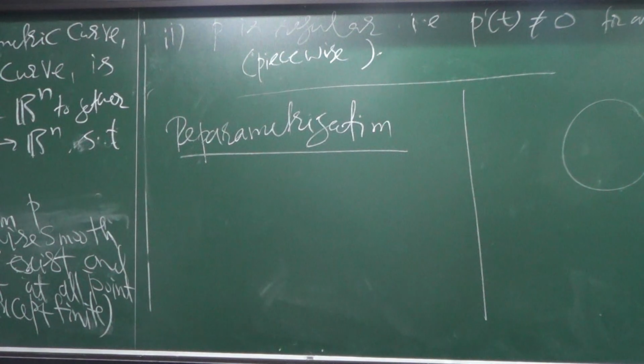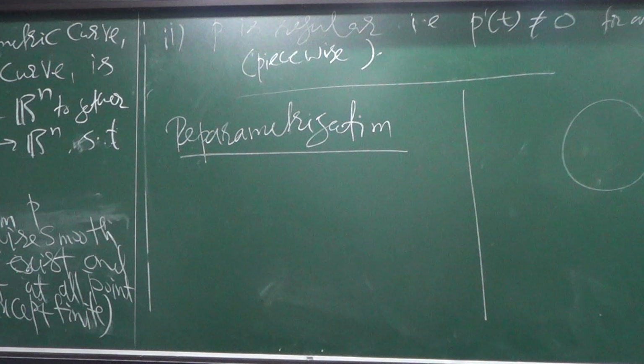One is this: x squared plus y squared equals 1. That's a rectangular equation. Any x and y that satisfy this equation can represent this circle.